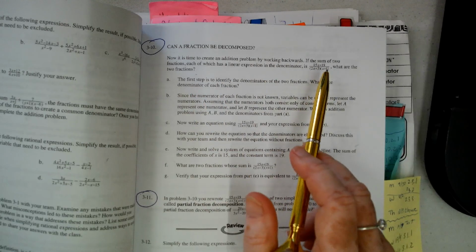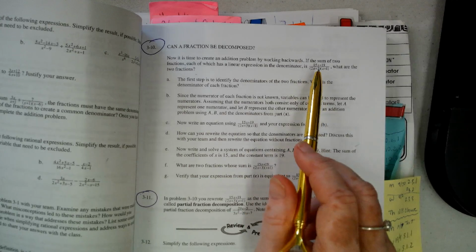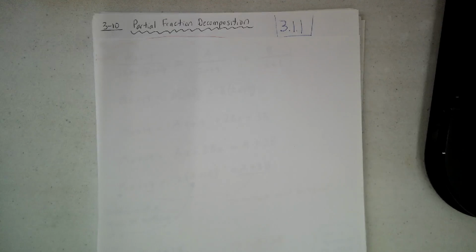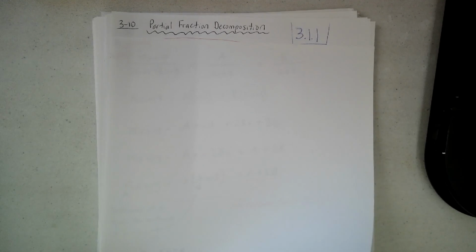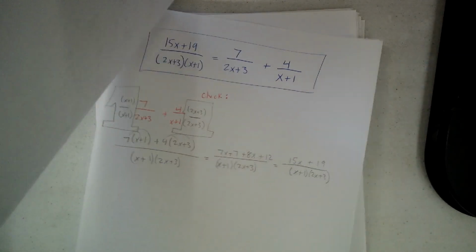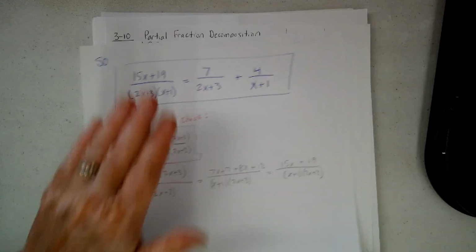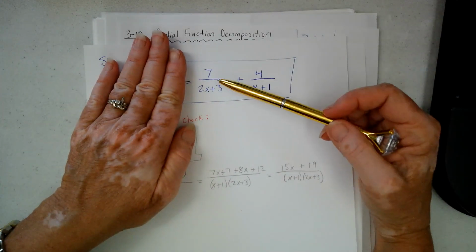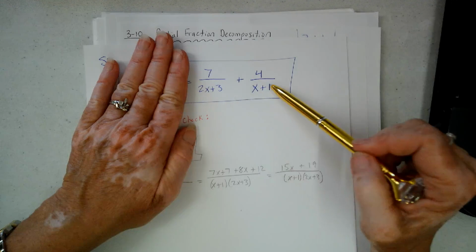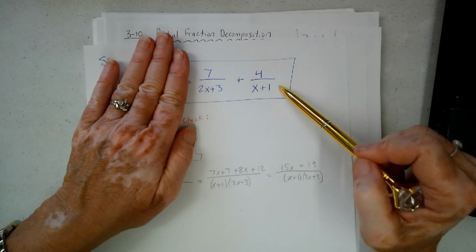So this is what we do when we want to take a fraction apart. Like, let's look at this thing backwards. Let's say somebody asked me to add these two fractions together.